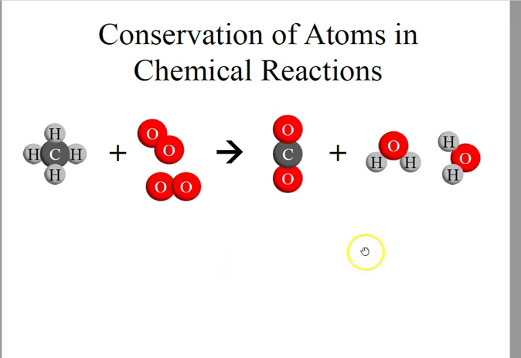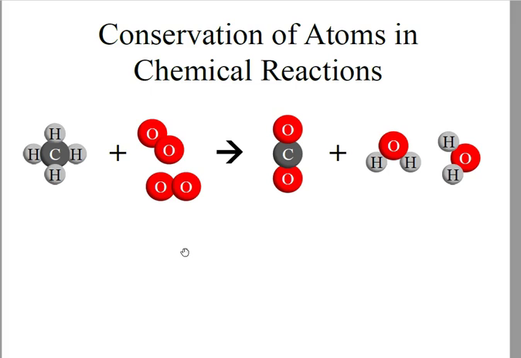So you see in this example, on the left-hand side we have 1 carbon atom, and then on the right-hand side we also have 1 carbon atom. 4 hydrogen atoms, 4 hydrogen atoms, 4 oxygen atoms, 4 oxygen atoms. So no atoms were created or destroyed in this process. They were just rearranged. That is the definition of a chemical reaction. Atoms are not created, nor are they destroyed.